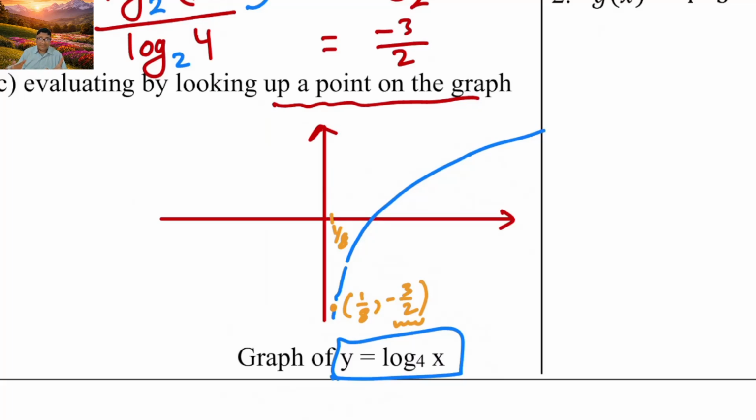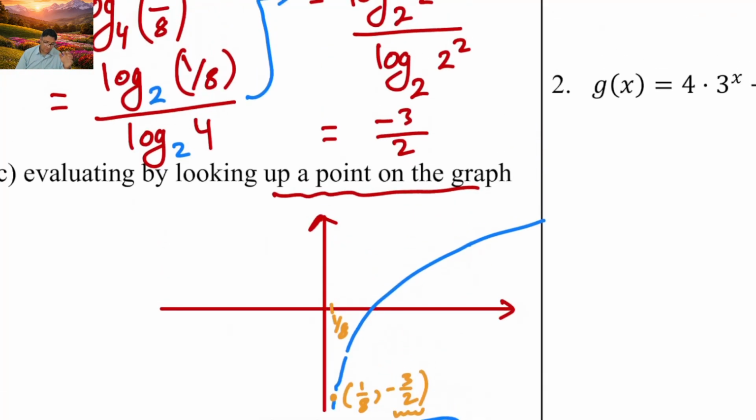In an online graph, typically you can move your mouse or the cursor and point to different points in the graph and it will show you the coordinates. So you move that until your x coordinate is 1/8 and then look for the y coordinate, and that's your answer. That is the method of evaluating by looking at the graph.